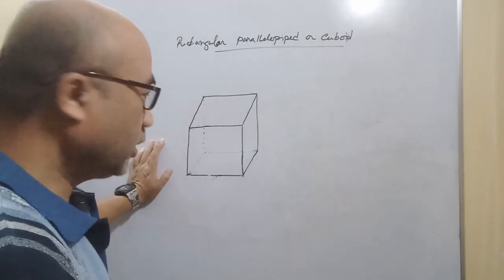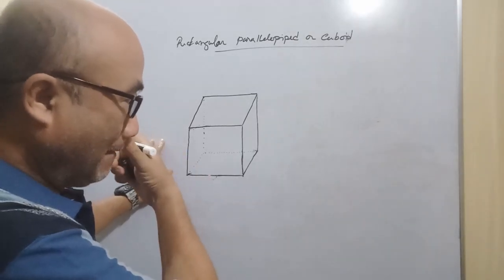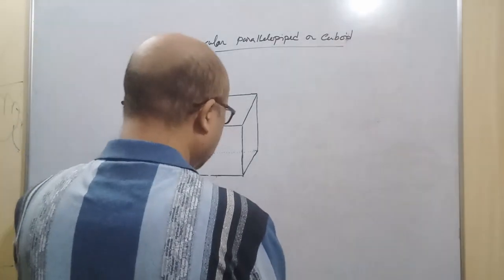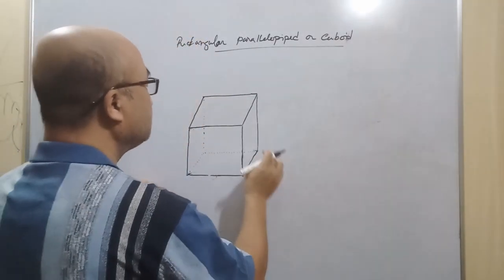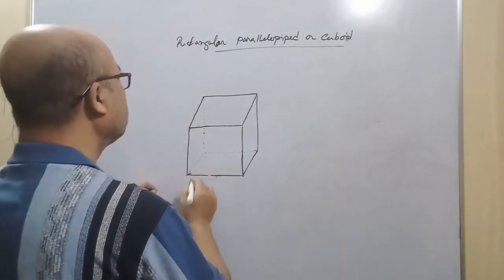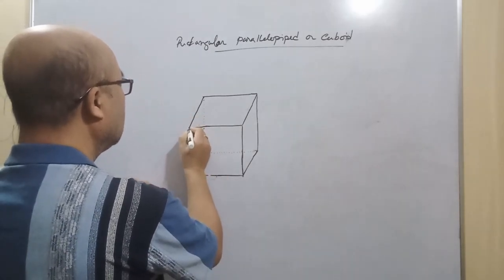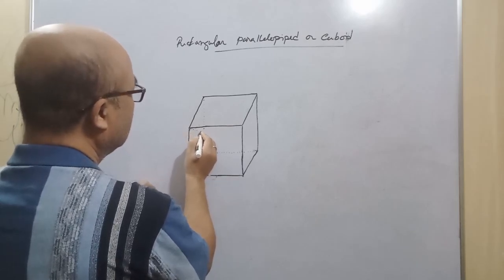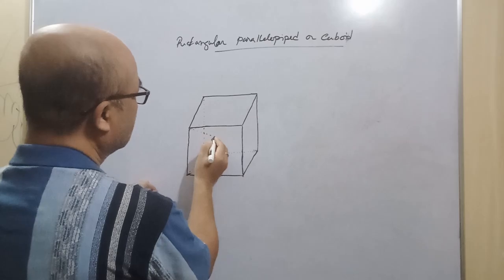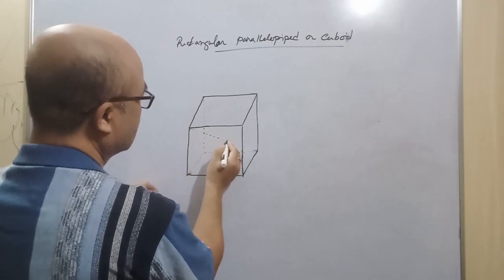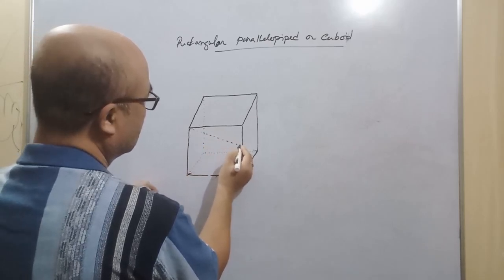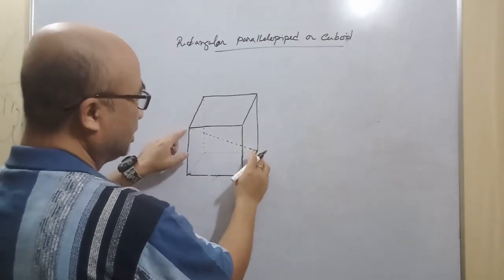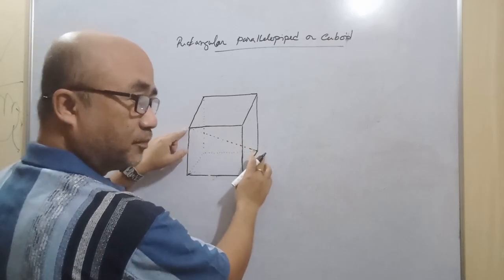So this is a cuboid, a rectangular parallelepiped or cuboid, and we will draw a diagonal from this vertex to the opposite vertex, from here to here.